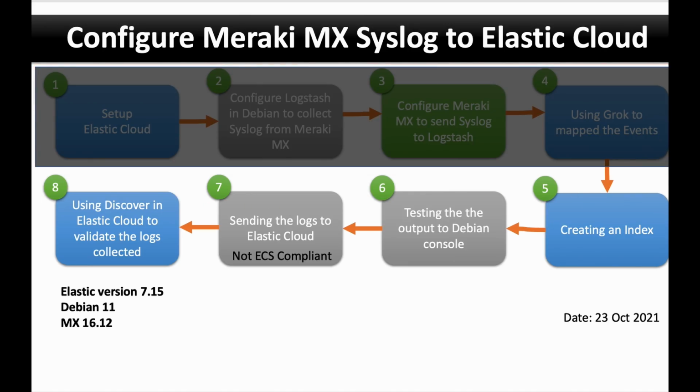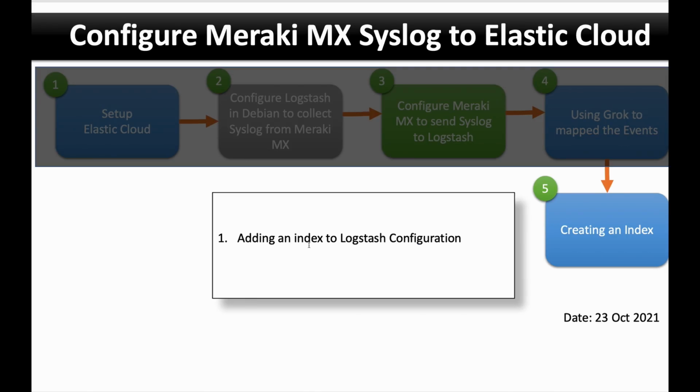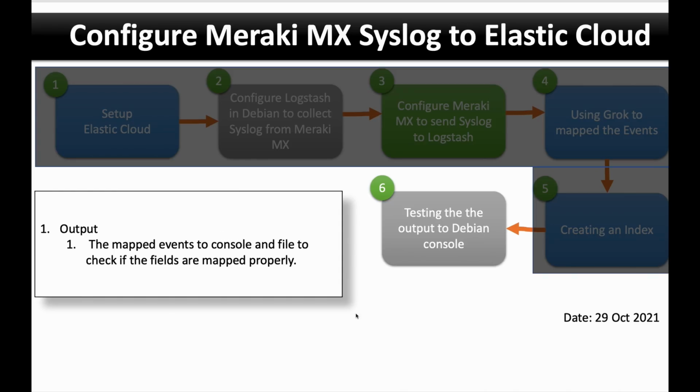In today's session, I will cover sections 5 to 8, which is adding an index to the Logstash configuration so that we can send the logs properly to Elastic Cloud. Then we'll do a quick verification on the output console.